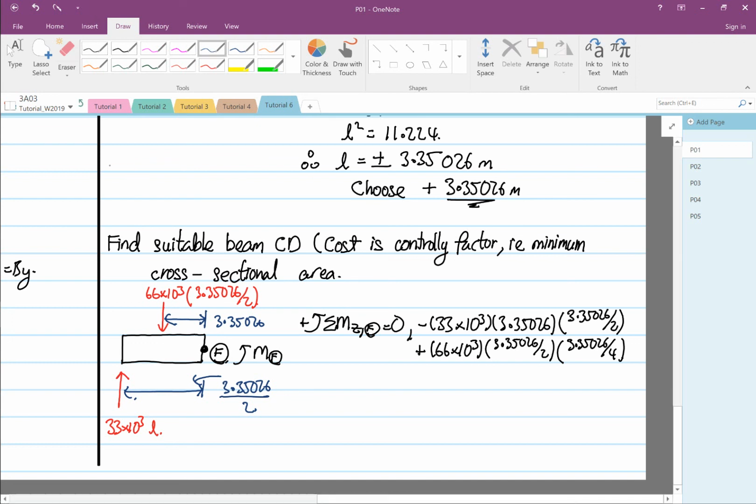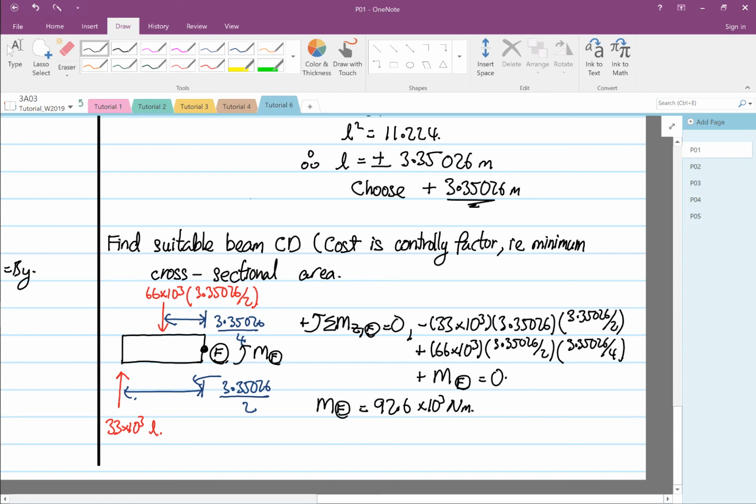Then from here you have plus your M max, or M at point F, which is also equal to M max. So over here, your M at point F is equal to 92.6 times 10 to the power 3 Newton meter.